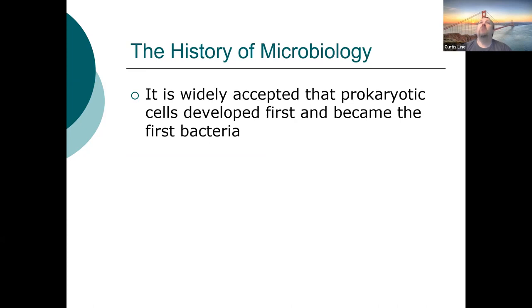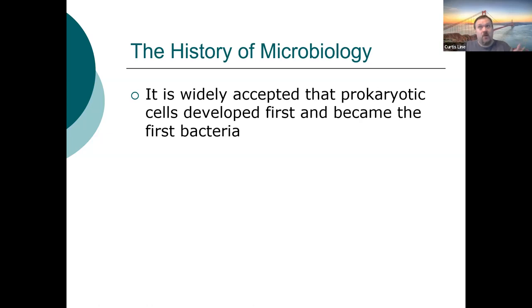All right, so it's widely accepted that prokaryotic cells came first because prokaryotic cells are much less advanced. They're much less complex than eukaryotic cells. So it just makes sense. There's this thing in science called the principle of parsimony, which is if you can't explain something fully, then the most reasonable and logical explanation is the one that you go with.